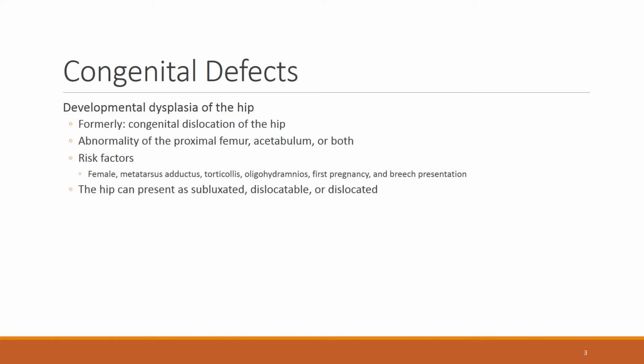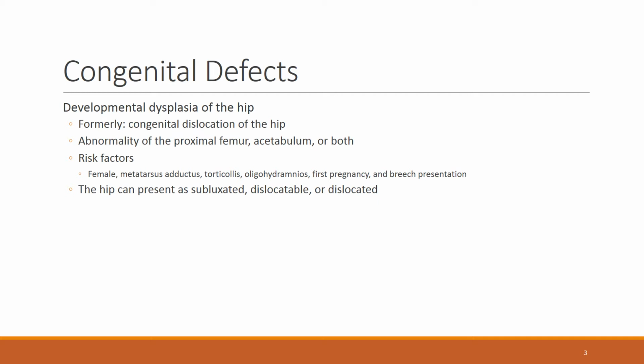One of the important congenital disorders that we need to talk about today is developmental dysplasia of the hip. Formerly it was called congenital dislocation of the hip, which is an abnormality of the femur, or to be more precise, of the proximal femur and acetabulum, or both.